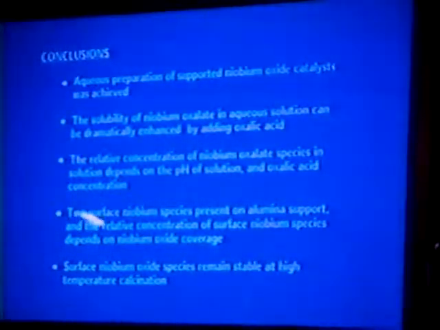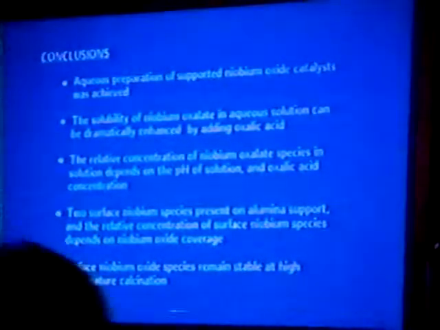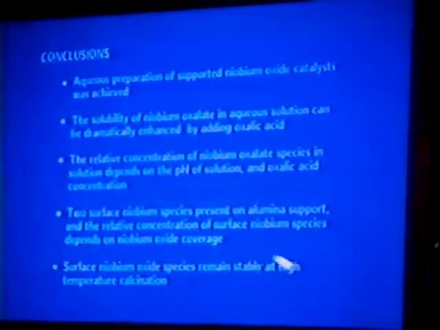Also, there are two surface niobium oxide species present on the alumina support, and the relative concentration of the surface niobium species depends on niobium oxide coverage. Finally, we know surface niobium oxide species remain stable at high temperature calcination.